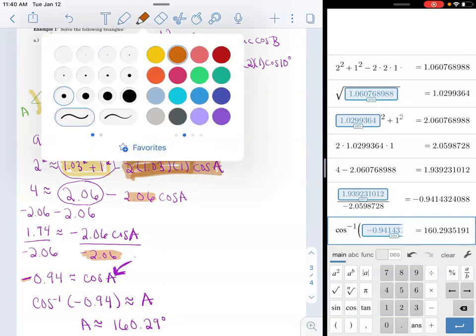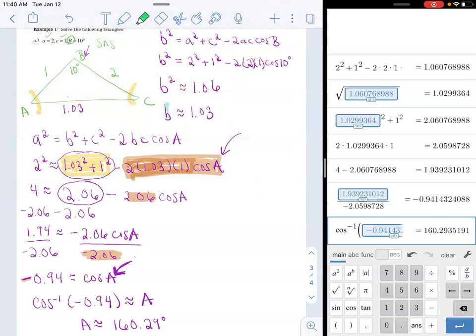So far we have our side length B and we have angle A, and the last piece we need is angle C. Well, we know our triangle adds to 180. Let's change colors to make it stand out. If we take away the angle we found and the angle we were given, and let's be careful with units, we will get the leftover angle.